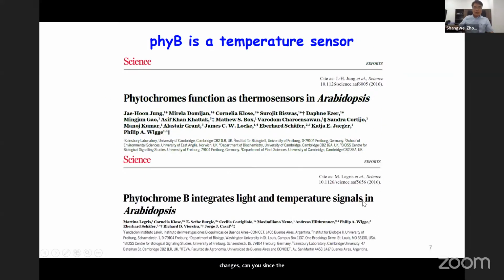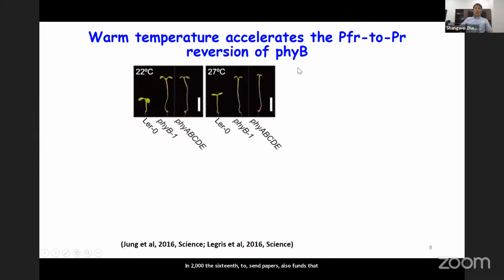In 2016, two Science papers also found that phyB is functioning as a temperature sensor. When wild-type seedlings are moved to a higher temperature, the hypocotyl elongation will be promoted. In the phyB mutant, the hypocotyl elongation is constitutively elevated and does not respond to warm temperature.